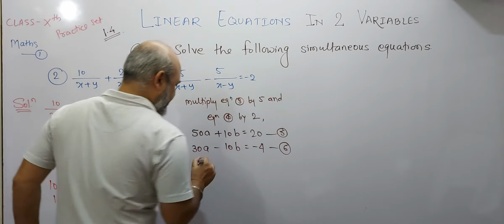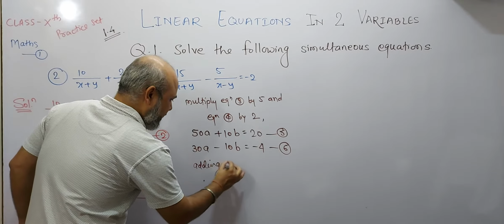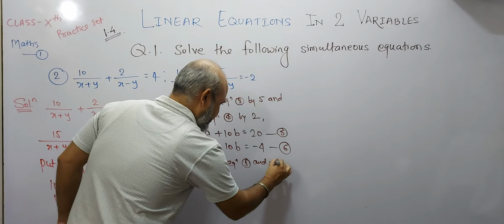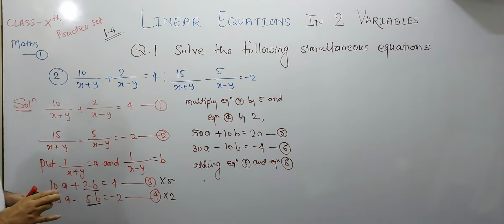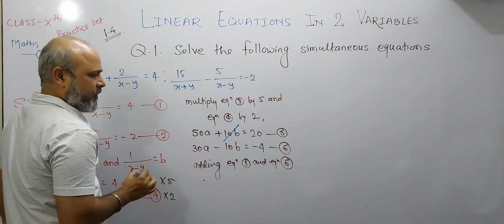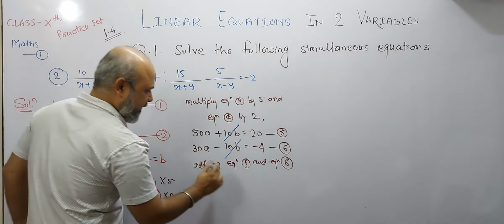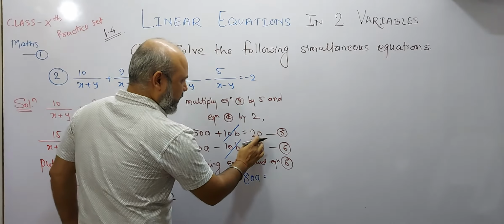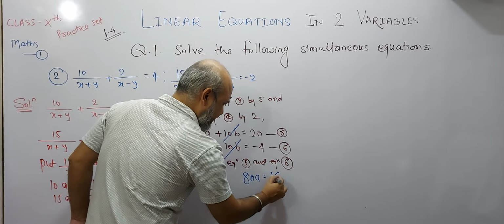So I will write here adding equation 5 and equation 6. So when you will add, 50a plus 30a, this will be 80a, and this is equal to 20 minus 4. This is plus 20, this is minus 4, so we'll get 16.